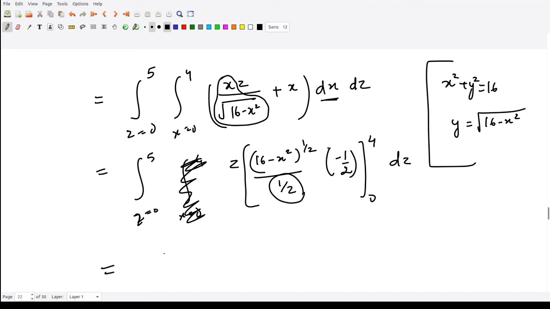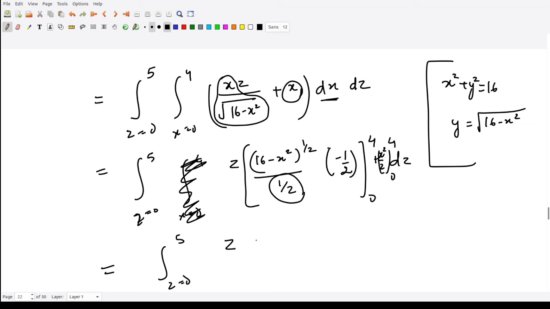Okay, so we have z varying from 0 to 5. Now this 1 by 2 and 1 by 2 get cancelled, so we are left with z, and moreover we are to perform its integration also, x square by 2 and limits varying from 0 to 4.